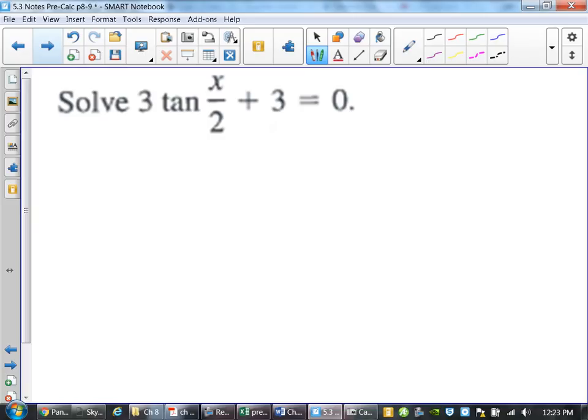So if I write this out, it's 3 tangent of theta plus 3 equals 0. Subtract 3, divide by 3. Are we okay with that? Where is tangent negative?